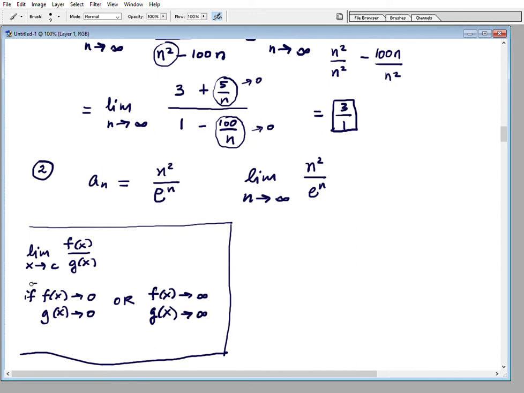So if this is true, and you have to have both, everything has to be differentiable.